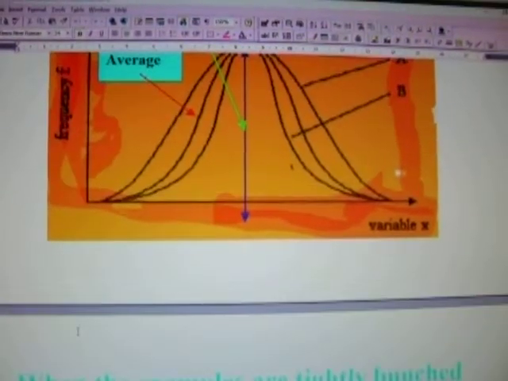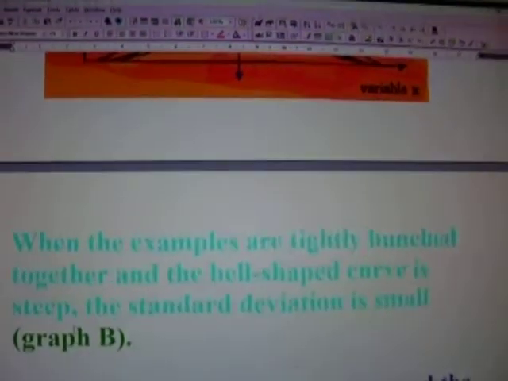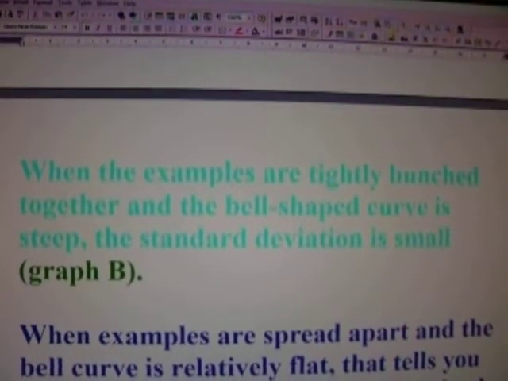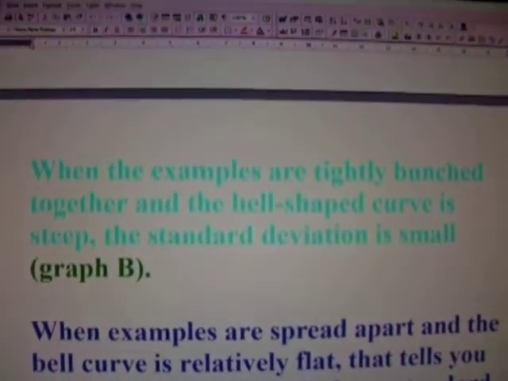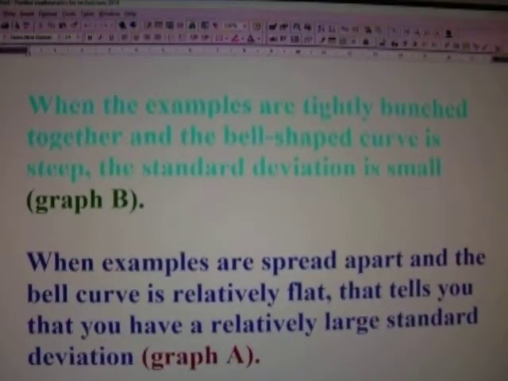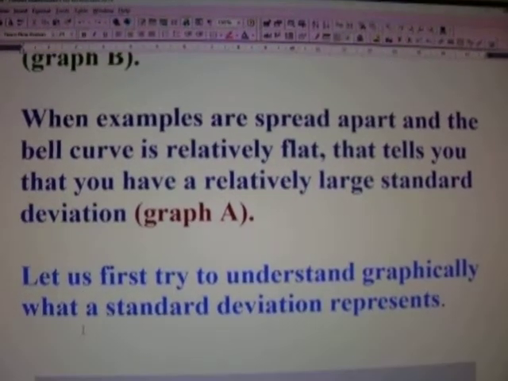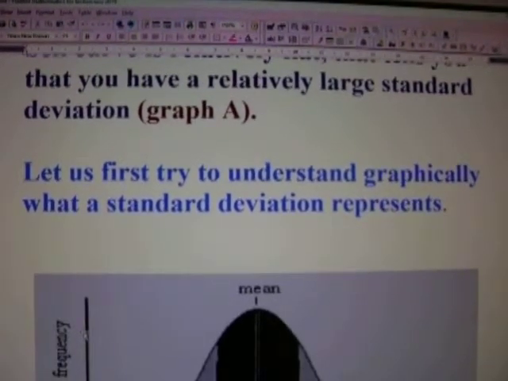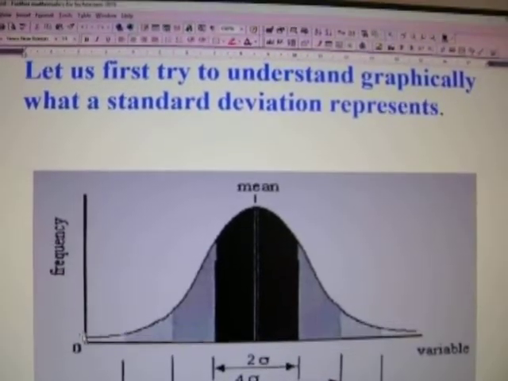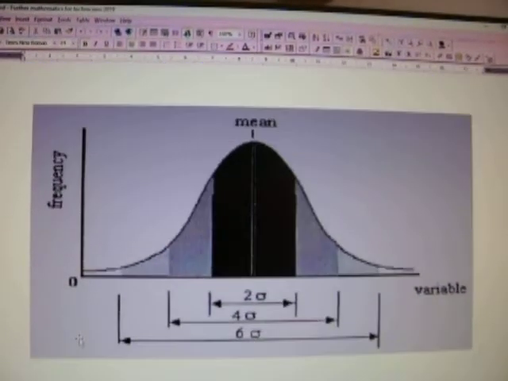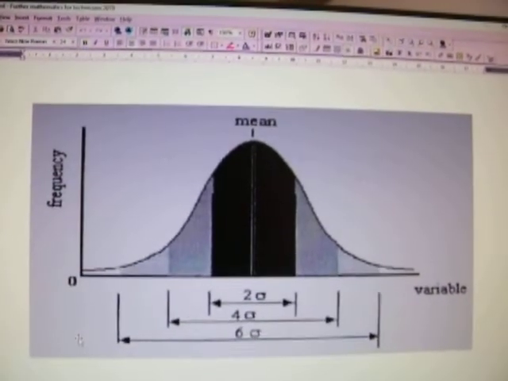Okay. And here again, giving you a more detailed graphical representation in regards to frequency.